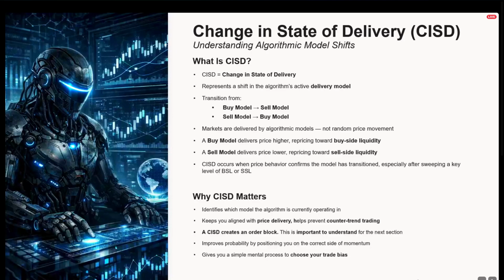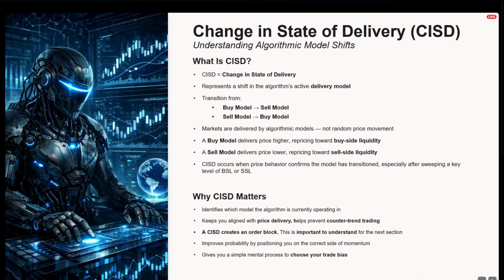Now, a change in the state of delivery is when that model shifts. So when price behavior confirms that the model has changed, most importantly, after sweeping a key level. A change in state of delivery is either going to be invalid or not very strong unless a point of interest, a series of relative equal highs or lows, or a major swing point was first swept.